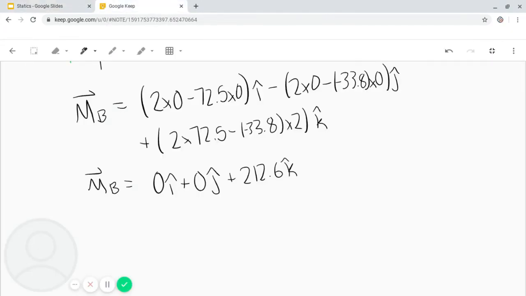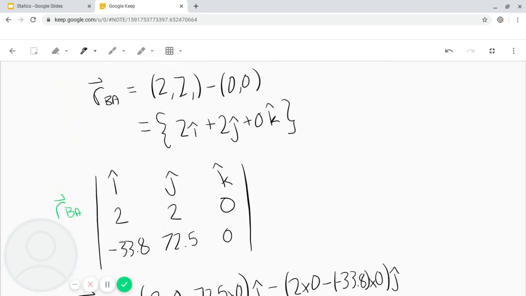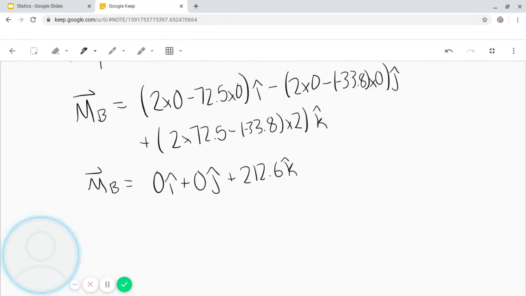So this one was pretty simple just because it was only in 2D, so since it was only in the x and y directions, then we get a turning force in the z direction, in that k direction.